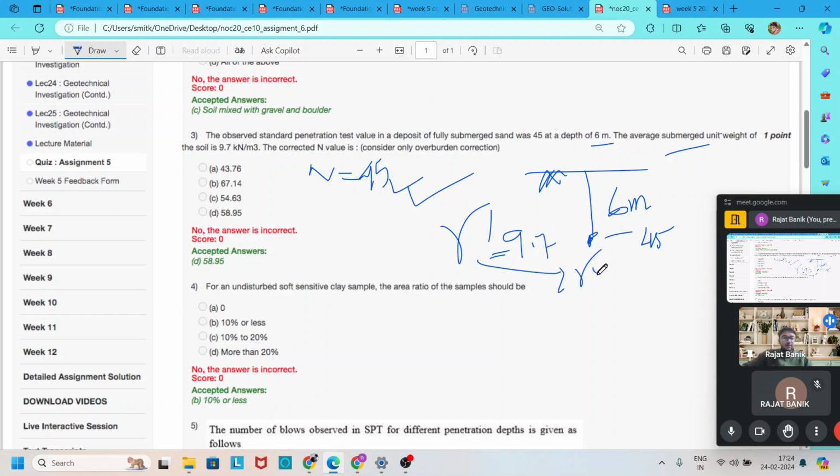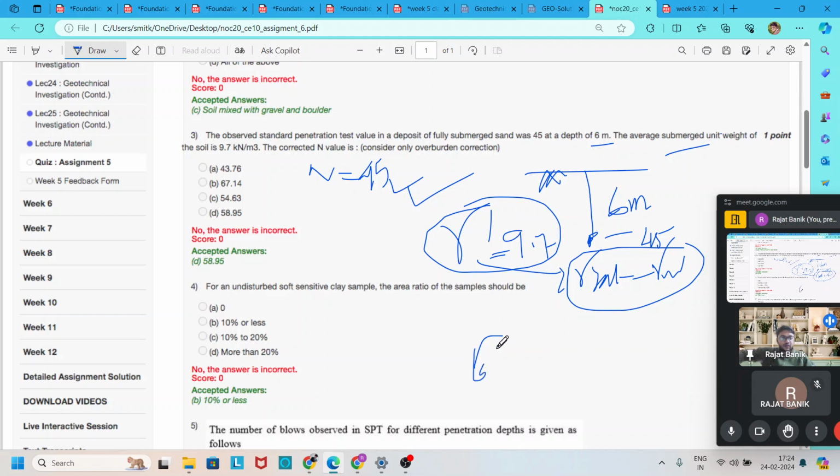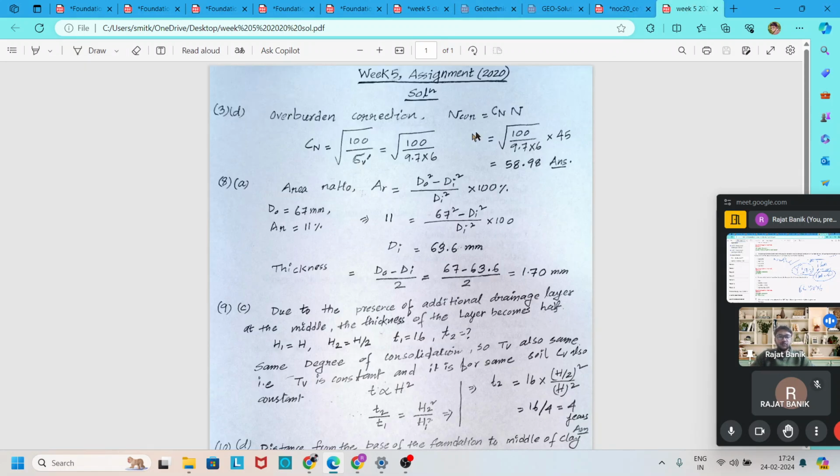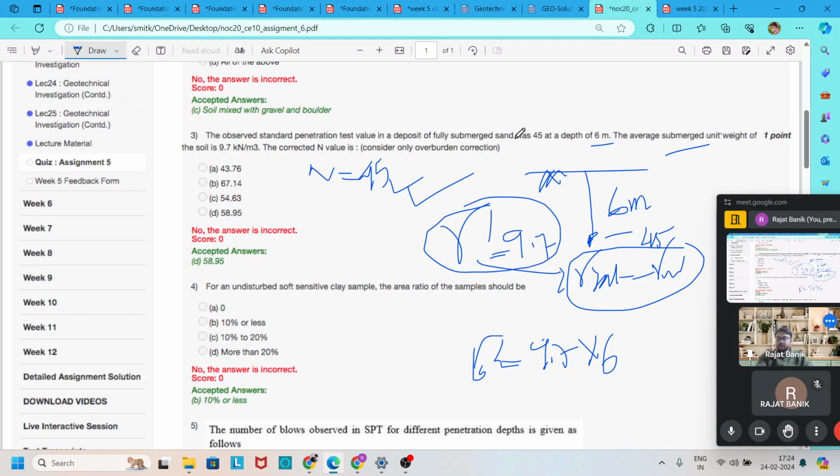The gamma dash is nothing but gamma saturated minus gamma W. So first find out the effective stress, sigma dash, which is equal to 9.7 into 6, which comes out to 58.2 kilonewton per meter square.